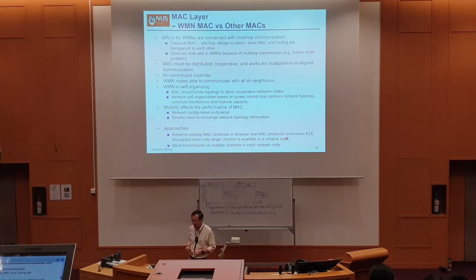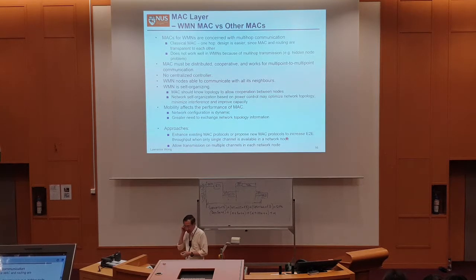So let's talk about the MAC layer, and how it compares with other MACs. Because of the multi-hop capability and the need to connect to the internet through the gateway and router, many of the other MAC protocols cannot be used as is.